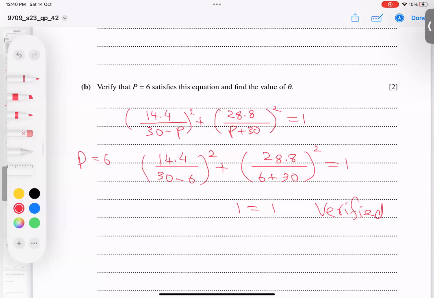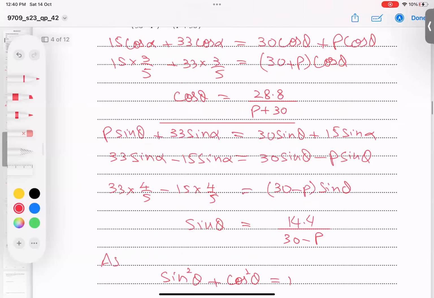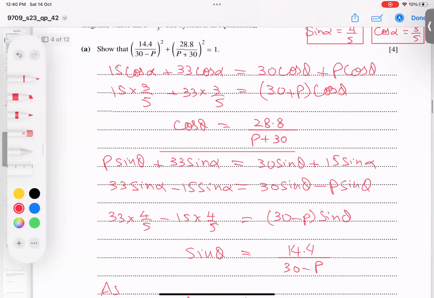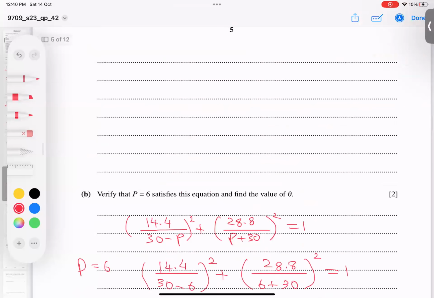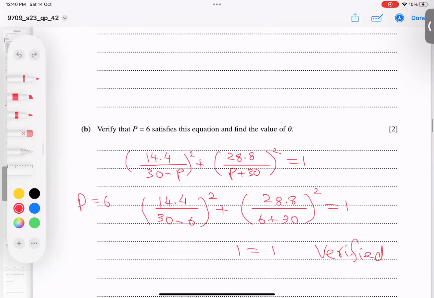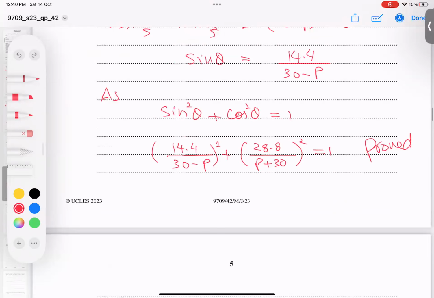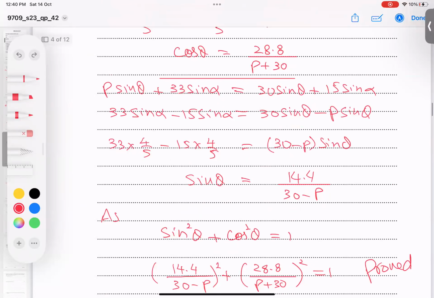Okay, now I'm going for the angle finding. He said find angle theta. So let's see how we can find angle theta. I can use either one, because p verifies this equation, and we need to find theta. For example, I use this one.